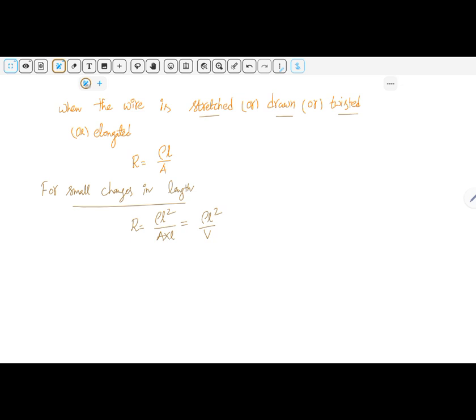Rho is already a constant which depends upon the type of material and the temperature.